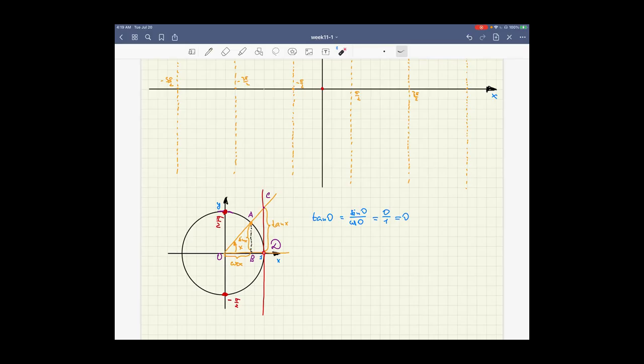As x starts growing from 0 and approaches pi over 2 from the left, sine x grows and stays positive, and cosine x approaches 0 and stays positive.